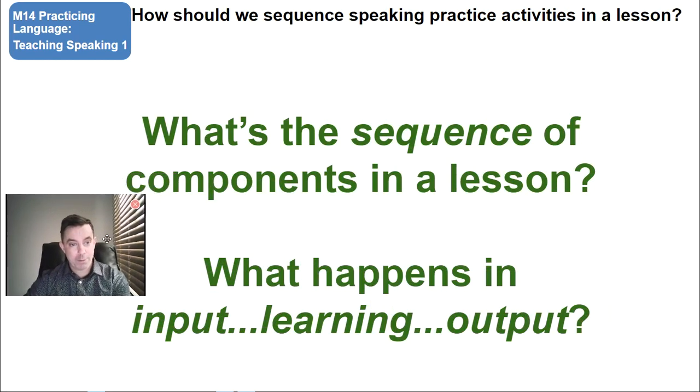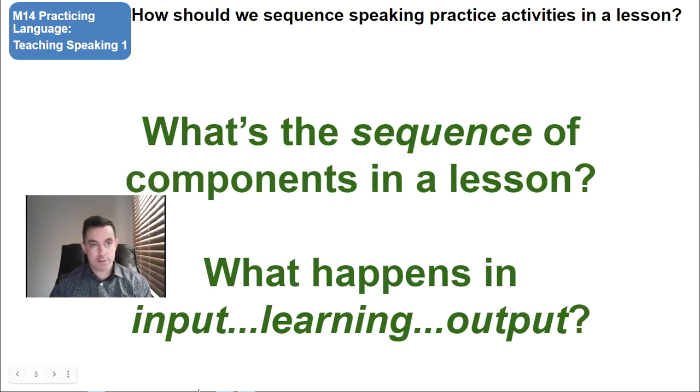So what's the sequence of components in a lesson? I spoke a bit about this at the top of the lesson. What happens during input? What happens when students are learning? What happens in output? You might be picturing the image of the head, where you have input coming in through your ears or your eyes in the form of listening or reading, and you have sort of learning tasks which guide students to notice certain things, to make connections, right?